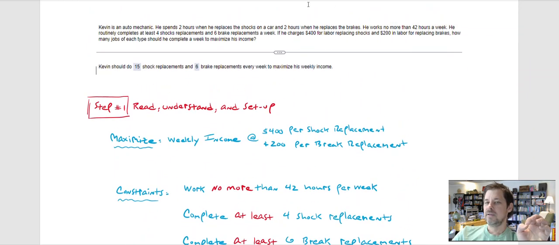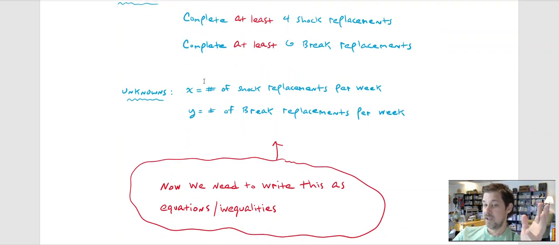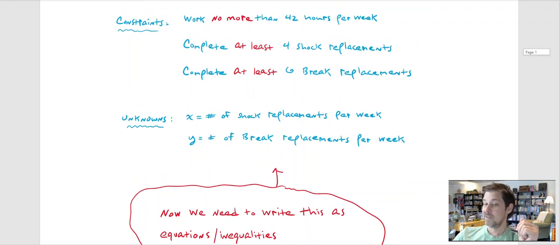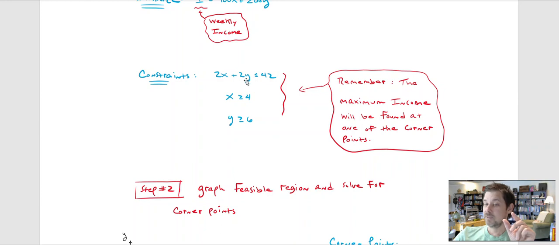It says here that this mechanic spends 2 hours when he replaces shocks and 2 hours when he replaces brakes. So, if x is the number of shock replacements per week and y is the number of brake replacements per week, and they each take 2 hours, then I need 2x plus 2y to be less than or equal to 42.